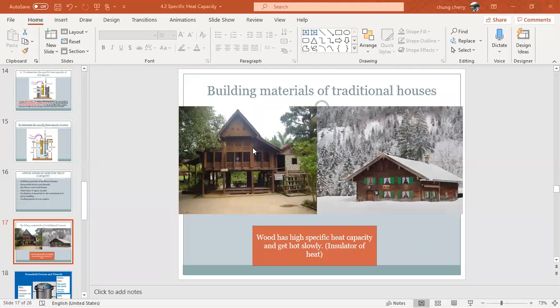That's why those staying inside a house made out of wood will feel cooler, because it will absorb more heat before it can increase in temperature.